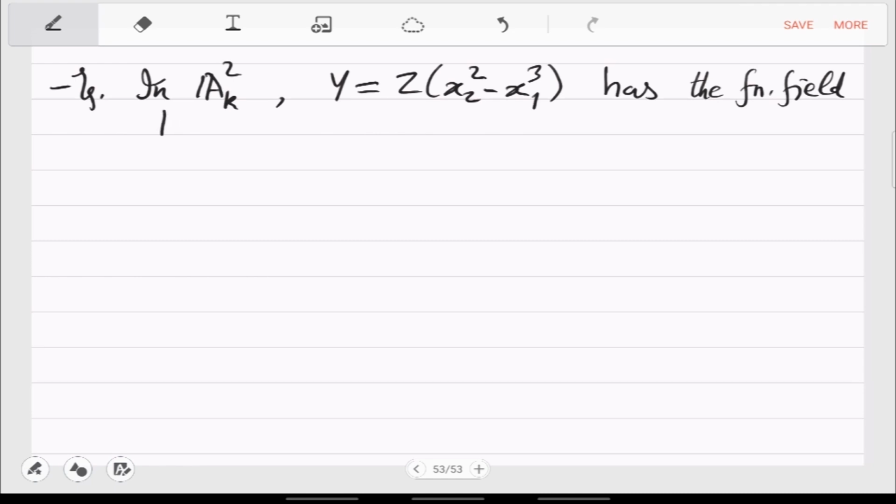So what is the function field of this, big K_Y? What are the maximum possible functions which are defined somewhere on Y? We don't care about everywhere, but somewhere.